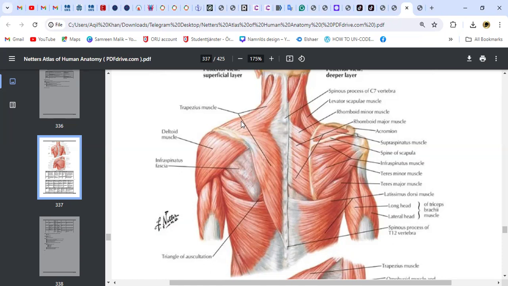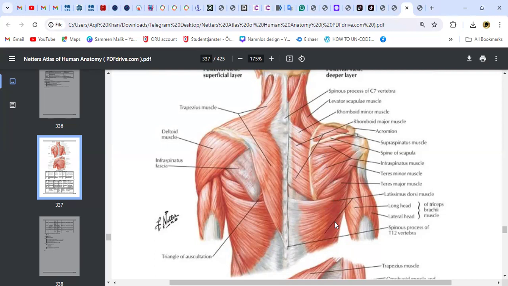Other muscles, not two, three: latissimus dorsi, levator scapulae, and rhomboid major and minor. Rhomboid major, rhomboid minor, levator scapulae muscle, and latissimus dorsi. This is latissimus dorsi. See this muscle.